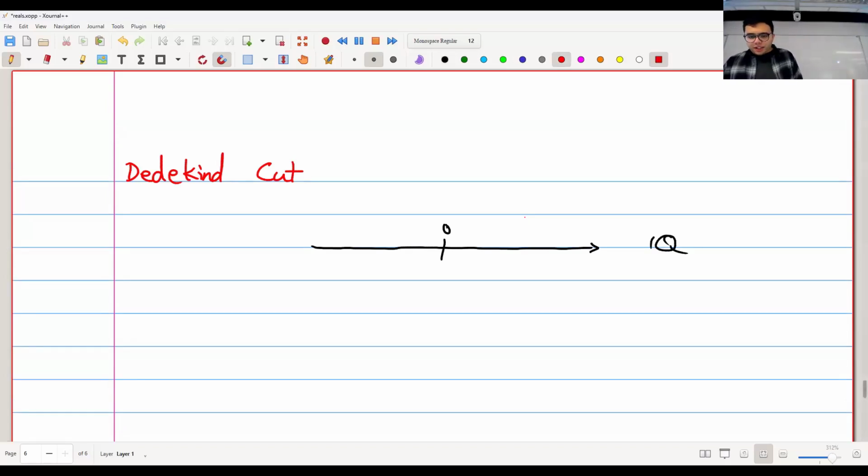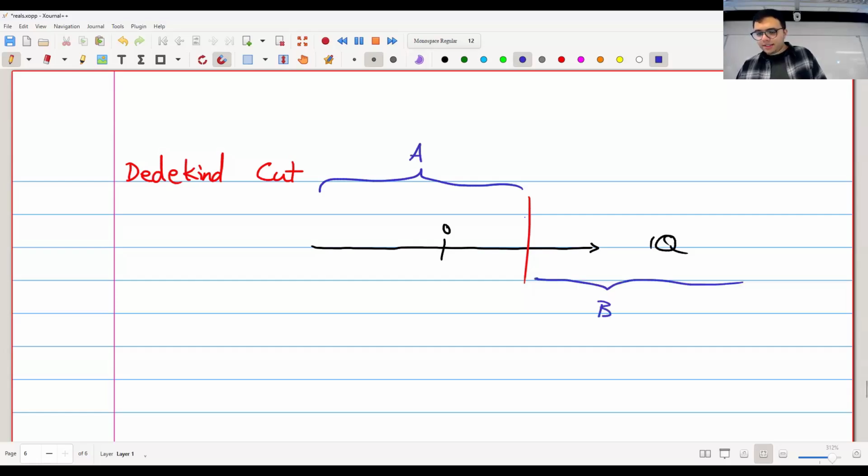What I want to do is actually cut this in 2 parts, right? I want to say I have a set A on this side, and then I have a set B on this side. And what I want is for every element of B to be bigger than every element of A. And if I have this, then I want to say that this A is a cut.